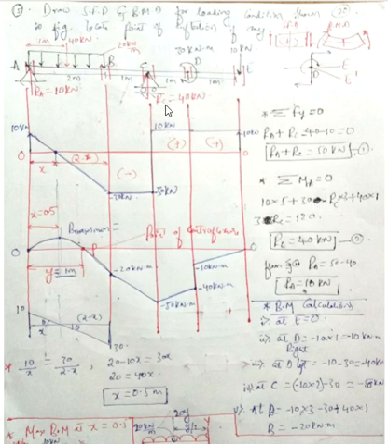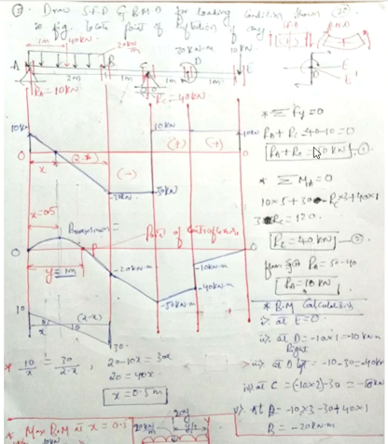Then there is reaction RC, which is acting upward, so RC into perpendicular distance 3. Since it is giving me an anti-clockwise moment, it is minus RC into 3. And then because of the UDL, the point load is 40, acting in the clockwise direction, so 40 into perpendicular distance 1, so plus 40 into 1. From here I'll get the value of RC as 40 kilonewton.